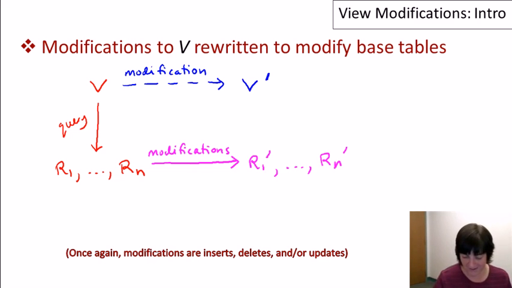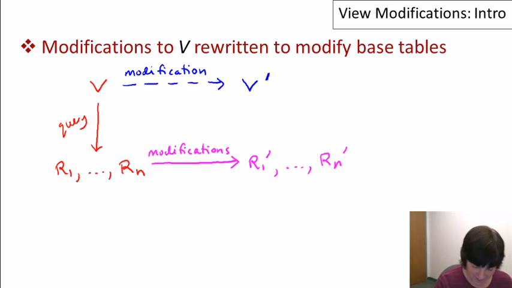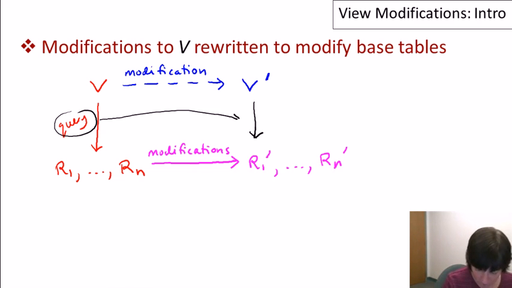And now the idea is that our imaginary V prime then is the result of this same query, V's definition, over the new R1 prime through Rn prime, the updated base tables.